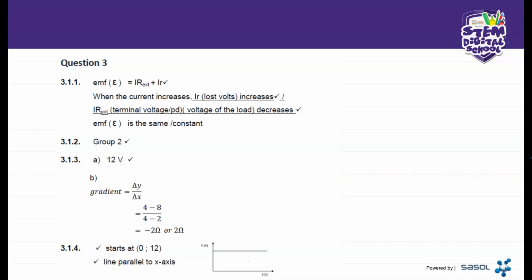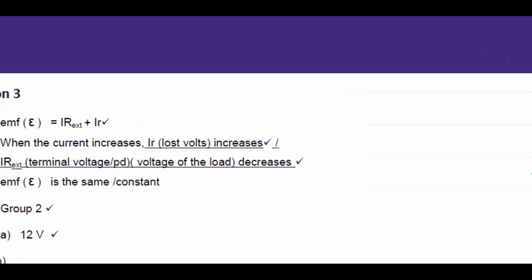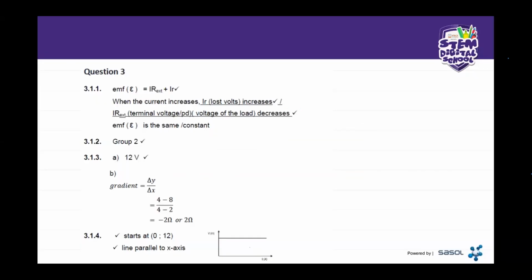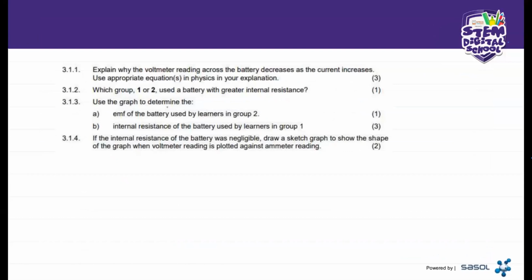So make sure you understand it. See, so this is a simple 2 marks. Actually, it's 3 marks because it's 1 for the formula, and then you've got 2 marks for the explanation, the part that says increases and the part that says decreases, okay?